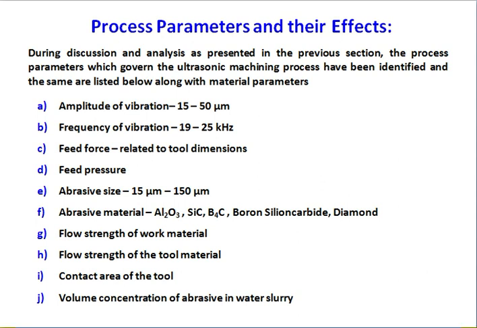The tool material should be such that indentation by the abrasive grits does not lead to brittle failure. Thus, the tools are made of tough, strong and ductile materials like stainless steel and other ductile metallic alloys.